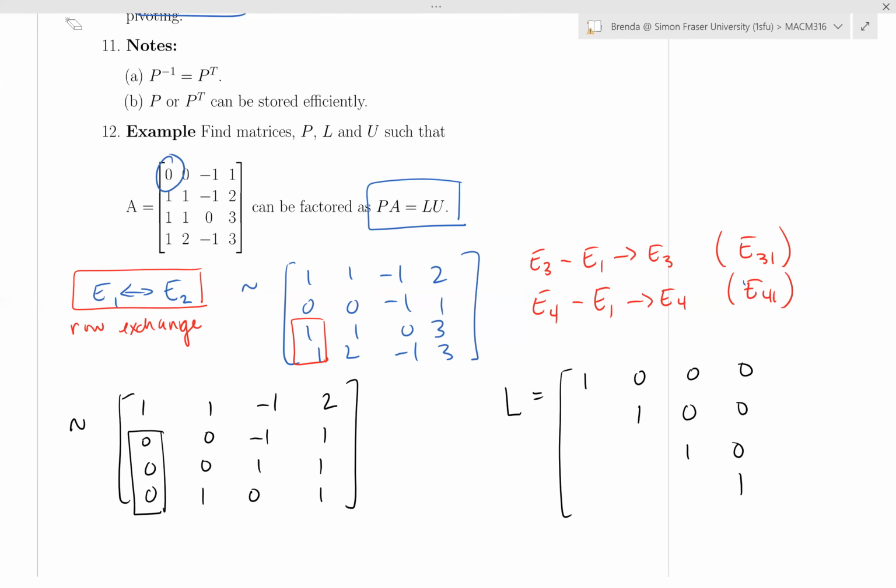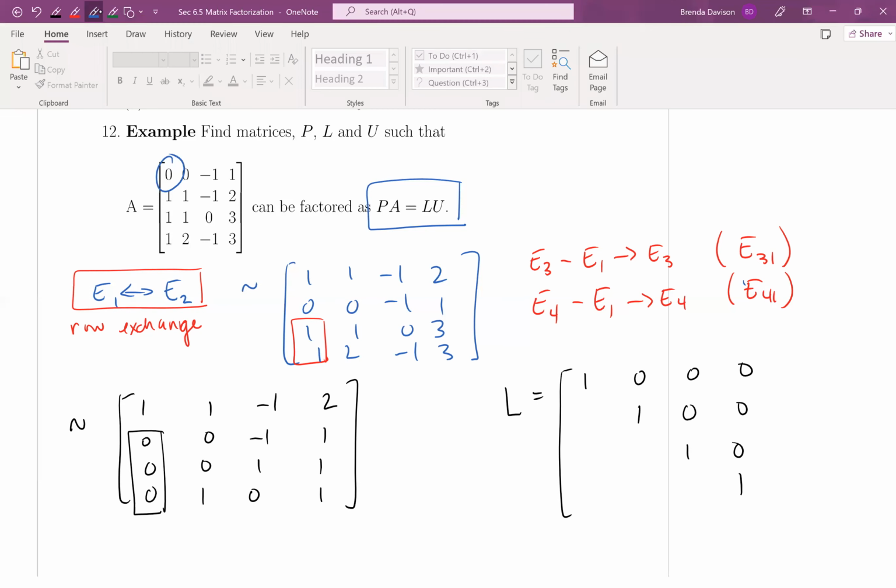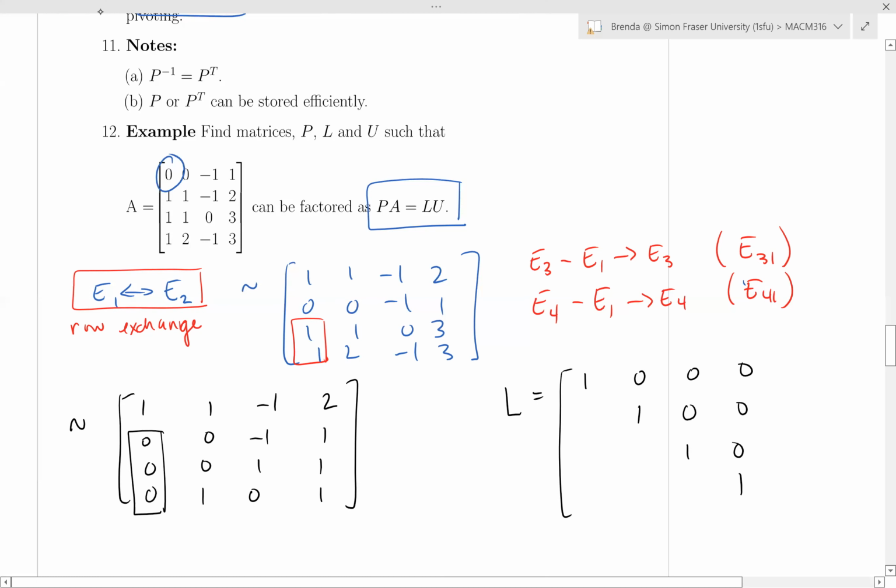Which ones can I fill in right now? I can fill in the first column. I agree with you completely. What are the 3 numbers there that I should put in that first column? 0, 1, and 1.